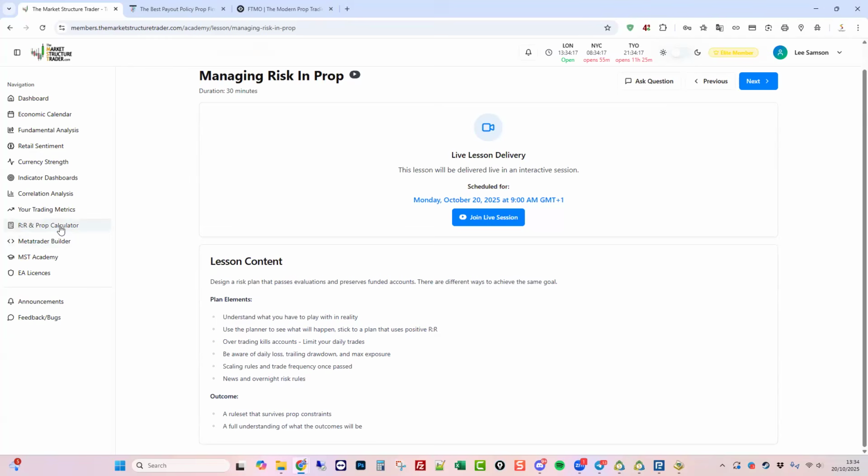So we're going to use the prop calculator to look at some scenarios and plan out some risk parameters for different types of evaluation size-wise. Look at overtrading. That is the number one reason people blow accounts, me included.